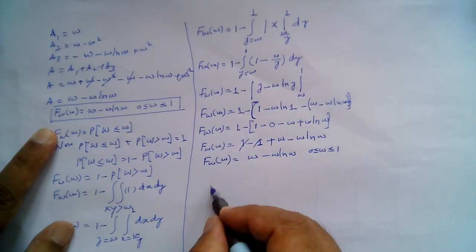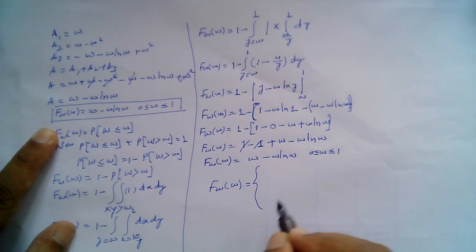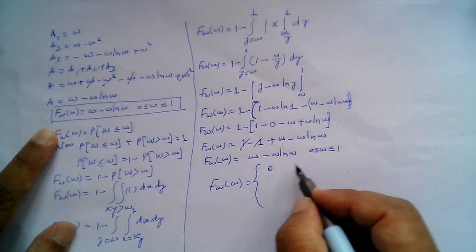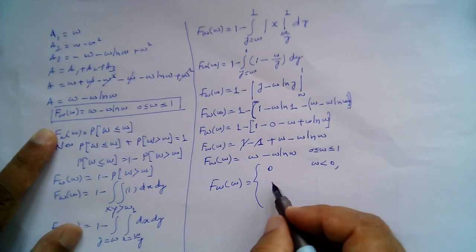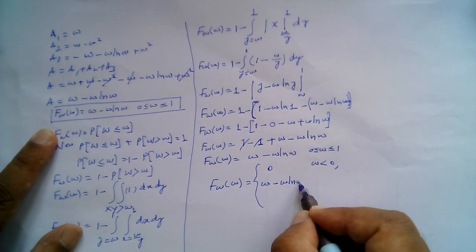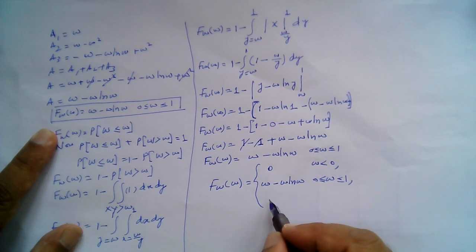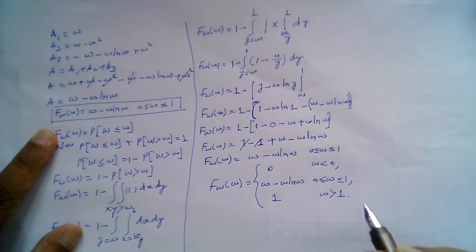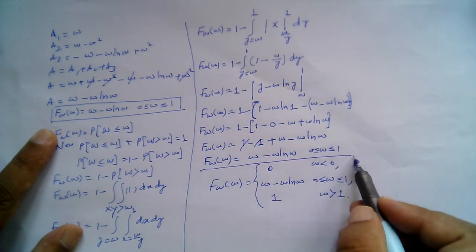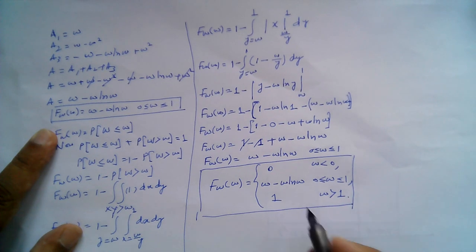So F_W of w is given by 0 for w less than 0, w minus w natural log of w for w greater than or equal to 0, less than or equal to 1, and 1 for w greater than 1. So this is our result, and this is what we wanted for the CDF.